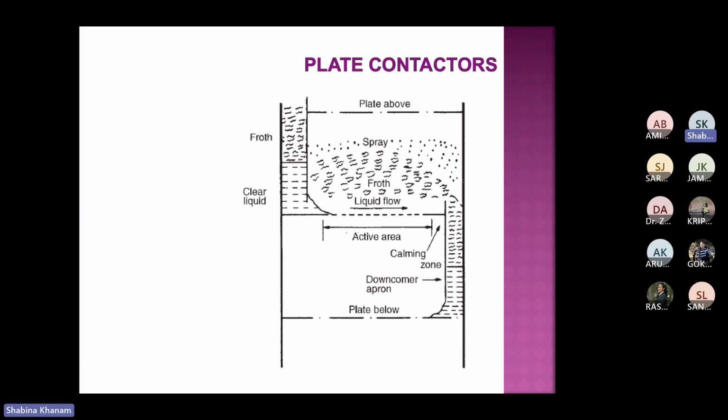Now what is different over here? The difference is, if you consider the downcomer area, either this area or this area, at the bottom you will see the liquid, right? However, at the top we have bubbles, or we can say vapor.